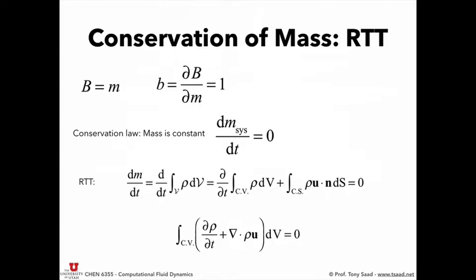And if this integral is negative, you have flow in. If this integral is positive, you have flow out. And then you can simply convert this into a volume form using the divergence theorem. And you can combine these 2 integrals, and you get this guy for the conservation of mass, okay?